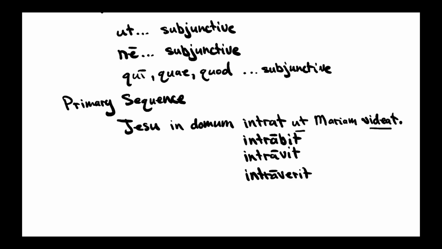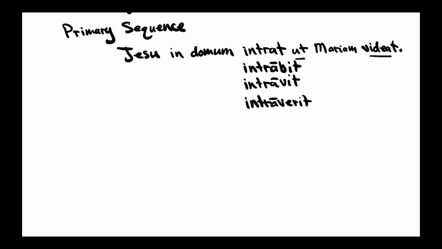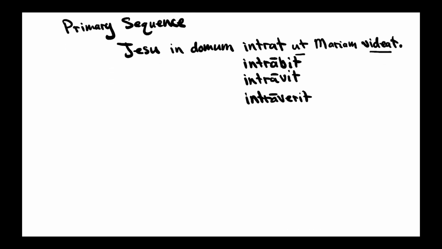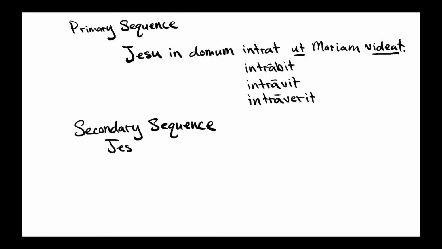Okay, we can do a secondary sequence sentence now. We can change it. Same sentence. Jesu in domum, but this time we'll change to a secondary sequence of verbs, intrabat, ut Mariam videret.